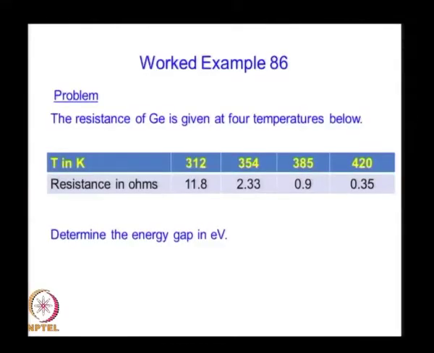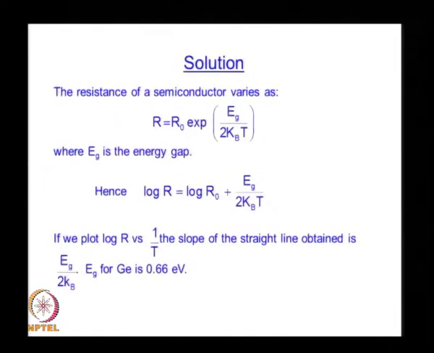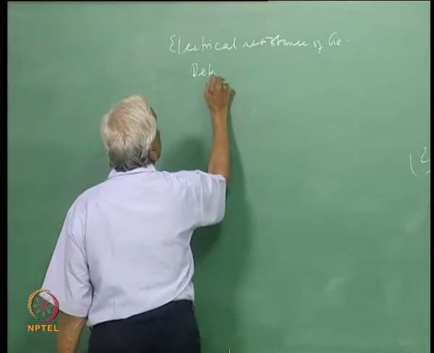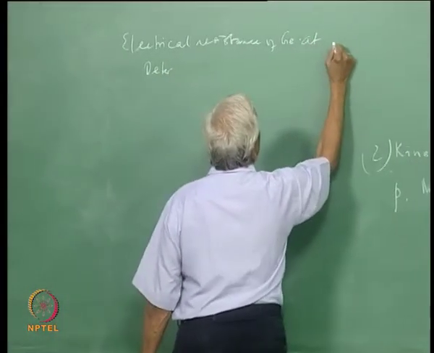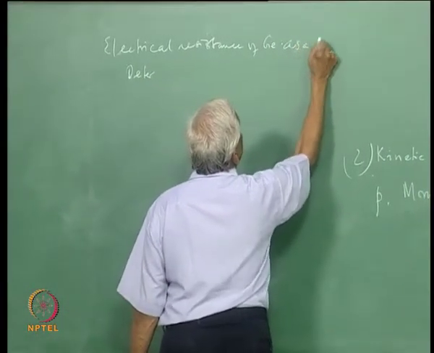We are given the values in ohms of the resistance at 312 K, 354 K, 385 K and 420 K, and we are asked to determine the energy gap as a function of temperature.